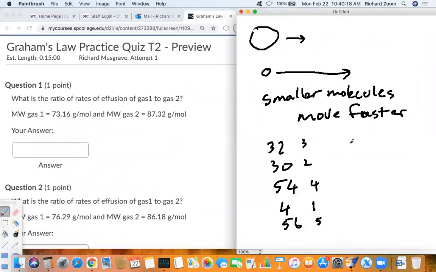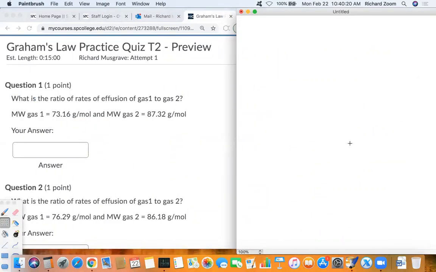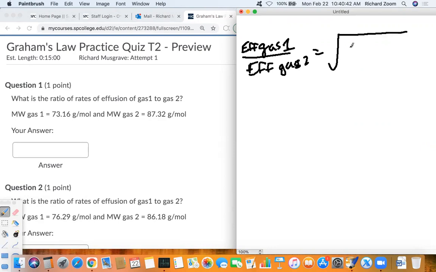So if you're given this kind of problem, it's looking at the rate of effusion of gas 1 to gas 2. And it's going to be the square root of the molecular weight of gas 2 over gas 1.